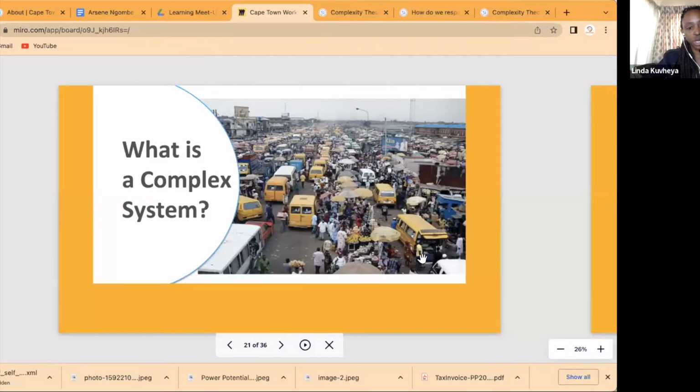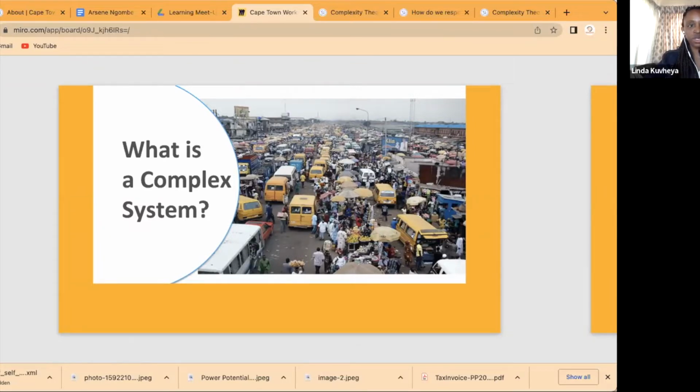The picture that you put there that was on your screen, maybe if you can put it up again. I feel like it's a very good example of a complex system. Mostly what we're seeing there is the transport system within a city. But there are also vendors there who are doing their own thing.